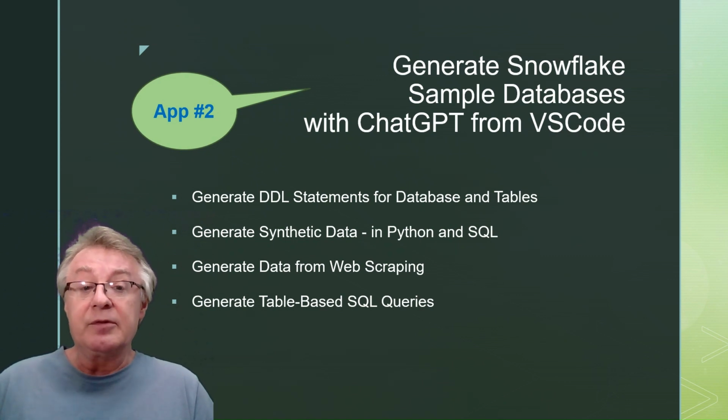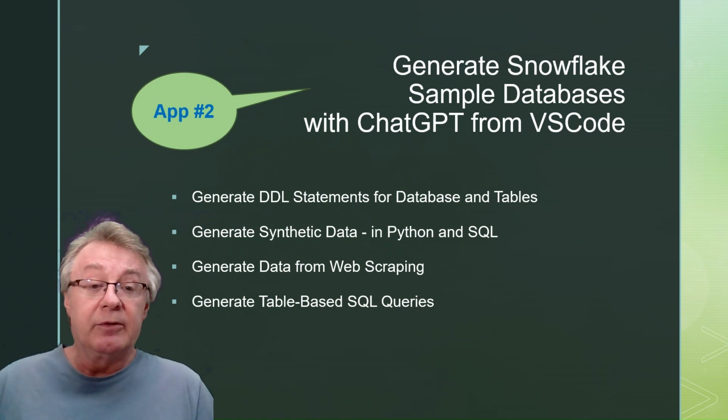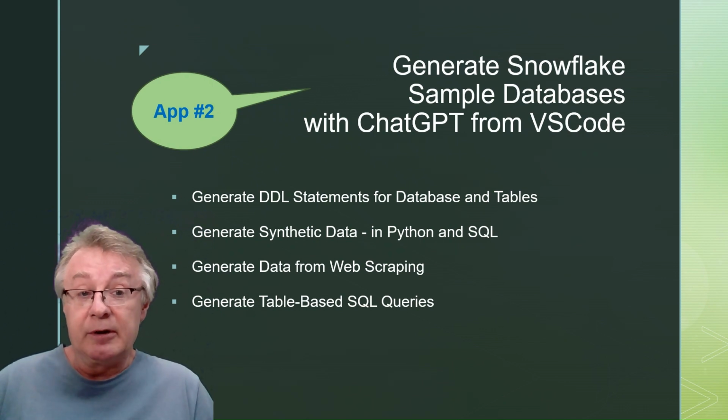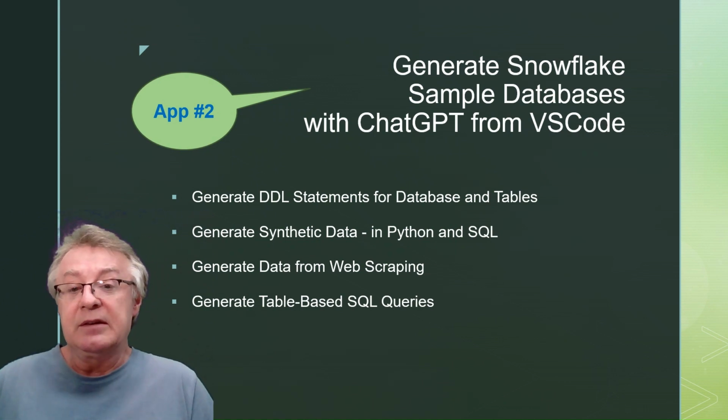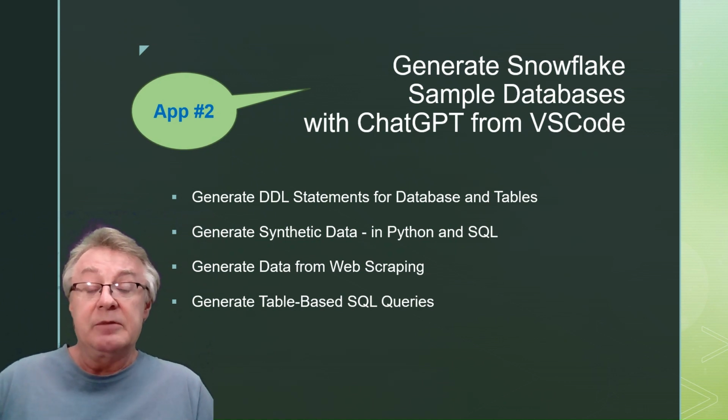But we'll also generate a lot of Python code for data web scraping or to generate synthetic data and so on. At the end, definitely it will be amazing to pass to ChatGPT the description of a table, and you'll collect instantly a lot of generated SQL queries.